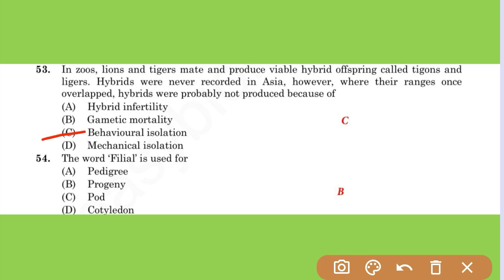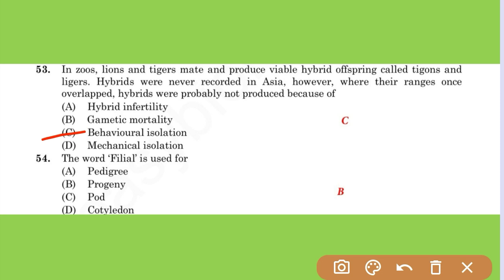Then option D, mechanical isolation. It is a physical incompatibility between reproductive organs of the two organisms. Mechanical isolation is a type of pre-zygotic barrier in which no fertilization occurs and thus reproduction does not occur. Mechanical isolation includes any physical barrier that prevents mating.